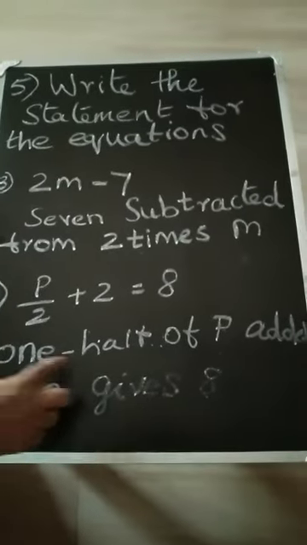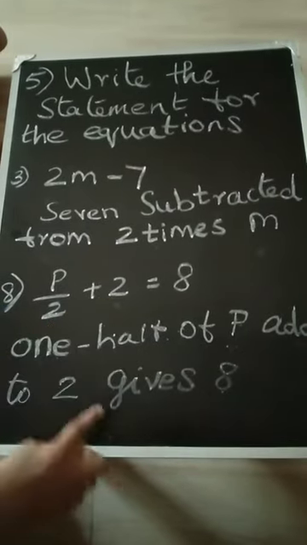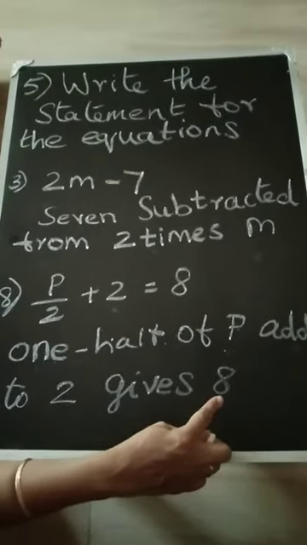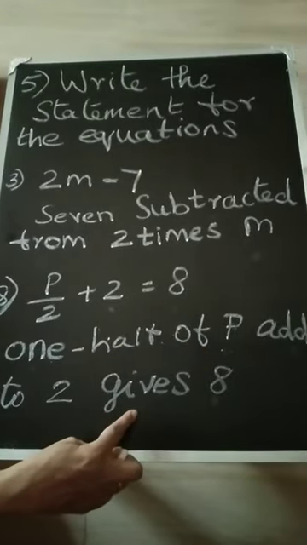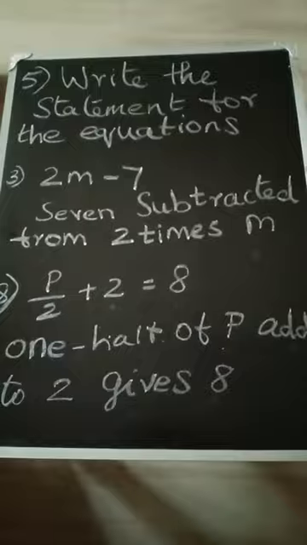So 1/2 of P added to 2 gives 8. What is the result you are getting? 8. So that's we are telling it as gives 8. Clear children?